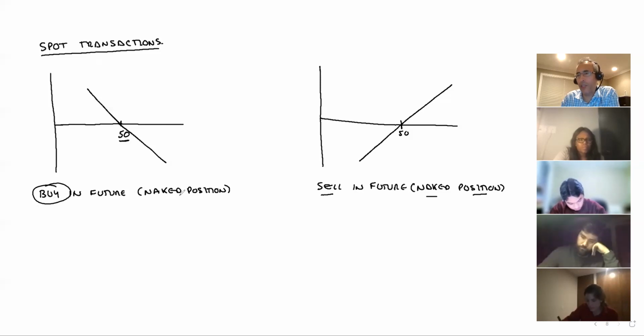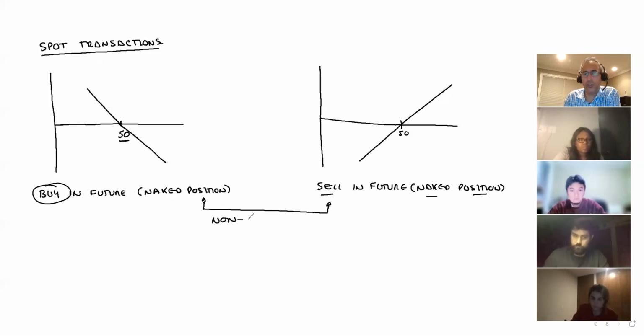Right? So you can make a lot of money, you can lose a lot of money. So this is a naked position and unhedged positions. Agree? So both of them are non-hedged or unhedged positions.